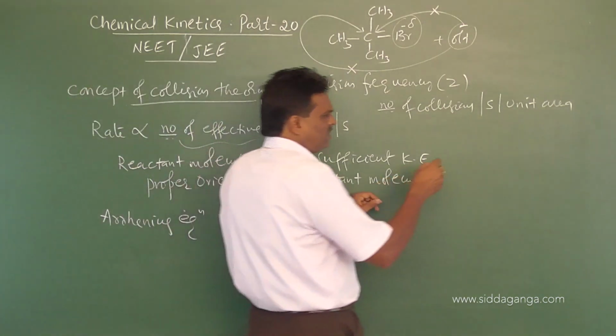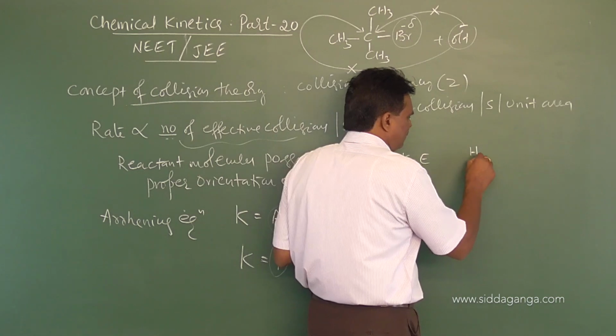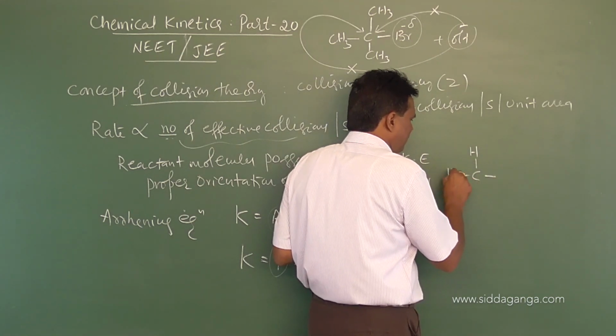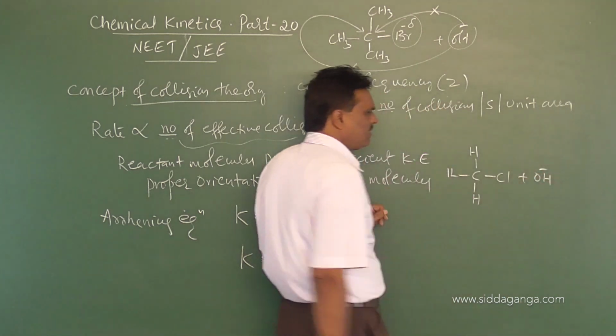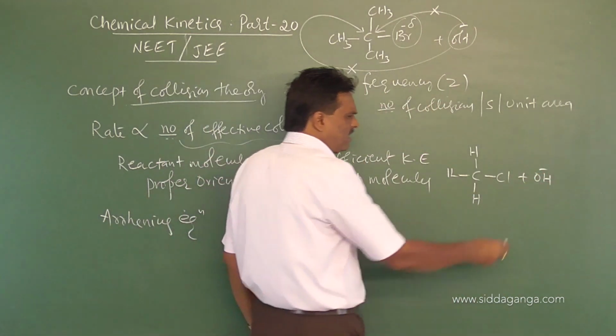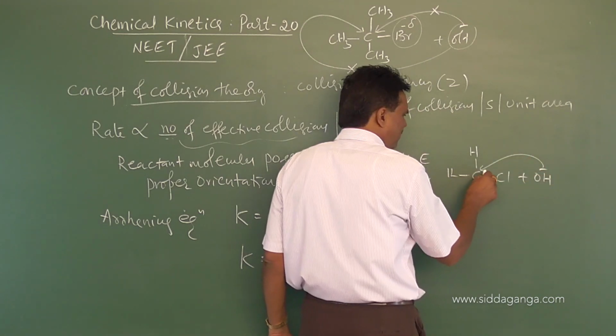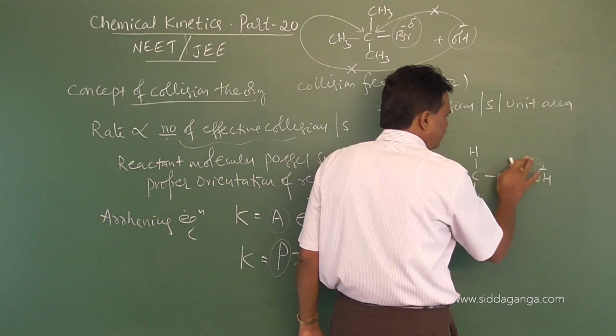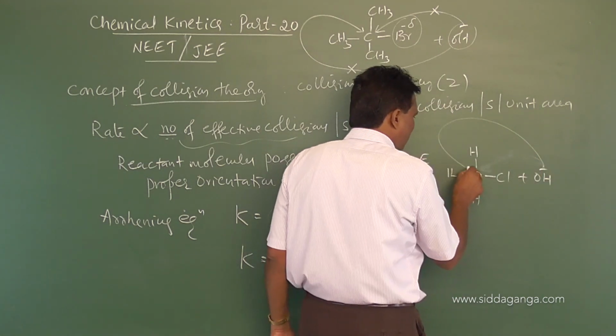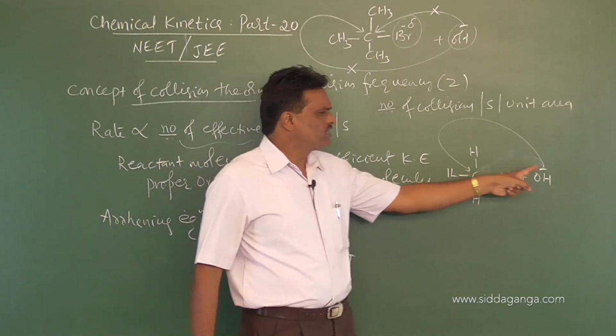If you consider methyl chloride and a nucleophile, the attack of the nucleophile on this carbon atom from this side is not possible. The nucleophile attacks this carbon atom from the side opposite to that of the halogen.